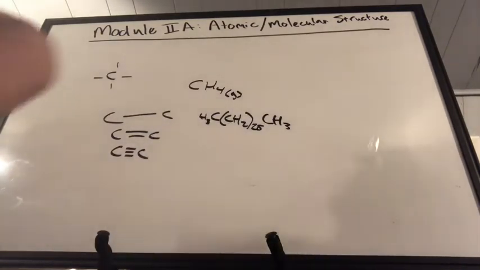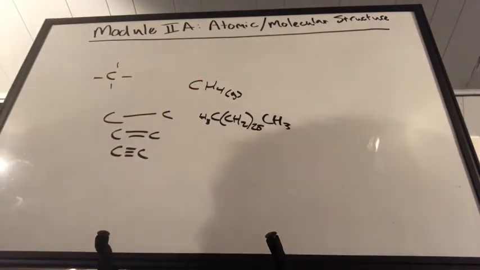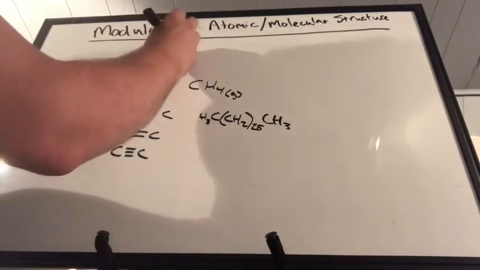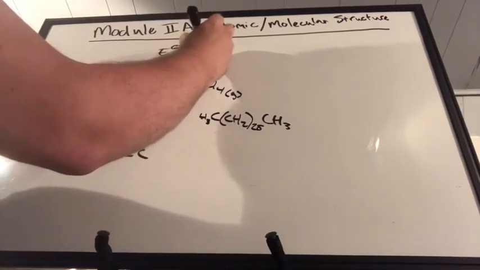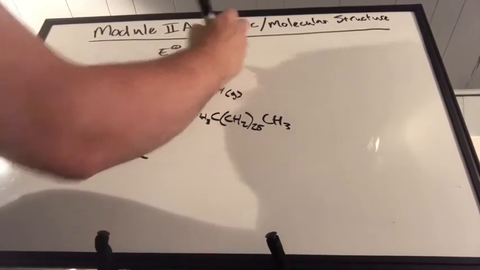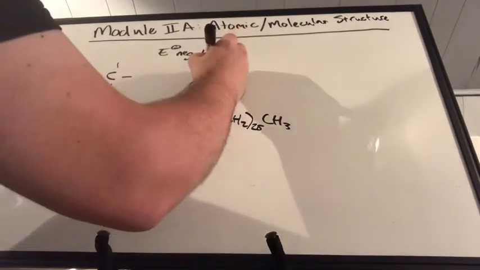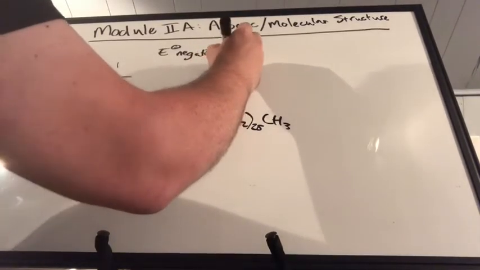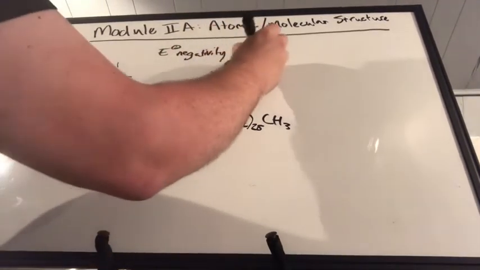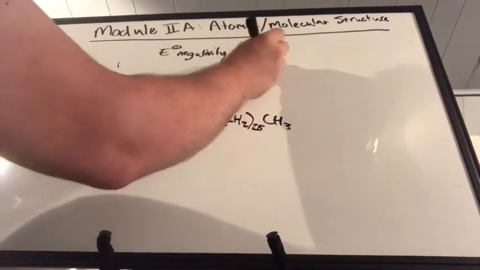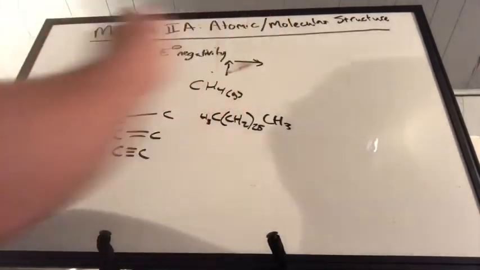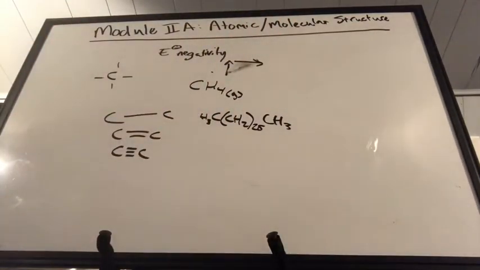Okay, and then on to the other side where things are more electronegative. Remember the trend for electronegativity. Electronegativity about the periodic table is going to go up and to the right. So in other words, pretty much diagonally across, going right and up.